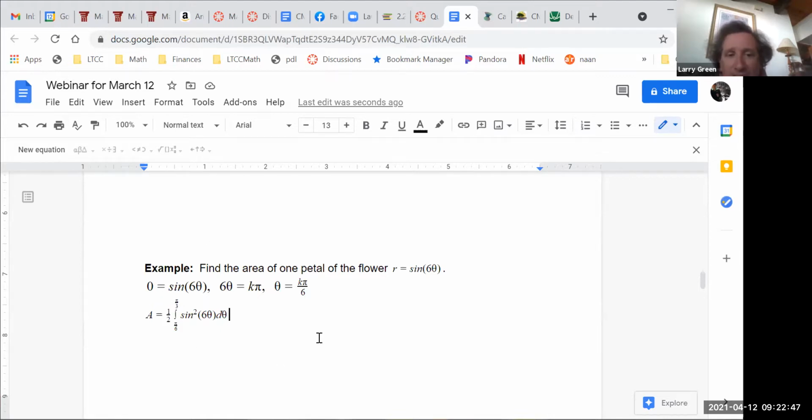But do y'all understand how to do this? Any questions at all on the process of finding the area for a polar curve? Any questions? Okay, if there's no questions, I'm going to move on to the next piece.